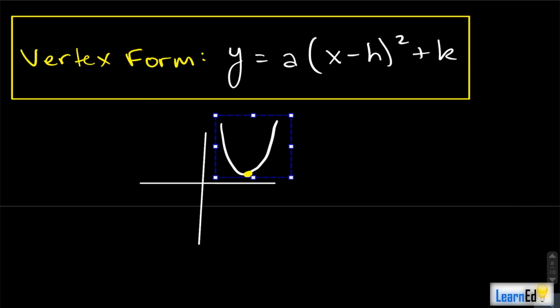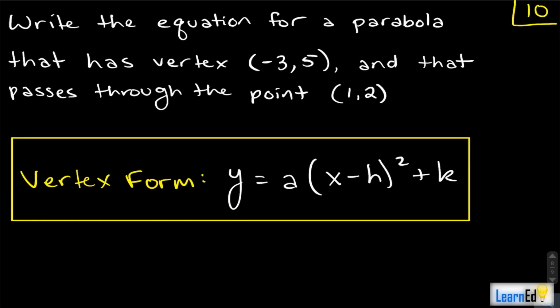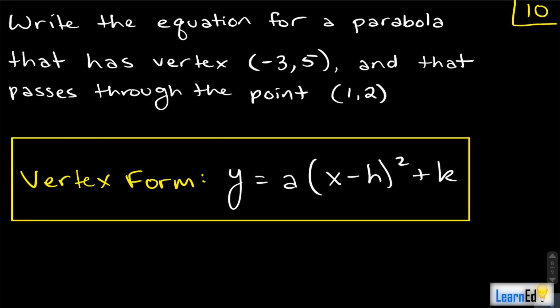So let's get to solving this. Now, when you have to put something in vertex form, the biggest problem is you have to find what this amplitude thing is, this a. How we do this is we use a point that's on that parabola along with the vertex, and then we get that a. So let's plug in.